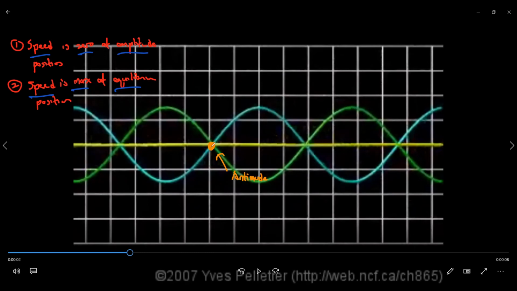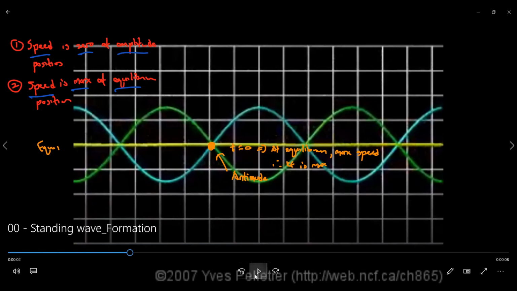At t equals 0, your particle is at equilibrium position, right? So at t equals 0 you are at equilibrium, max speed, therefore KE is max.